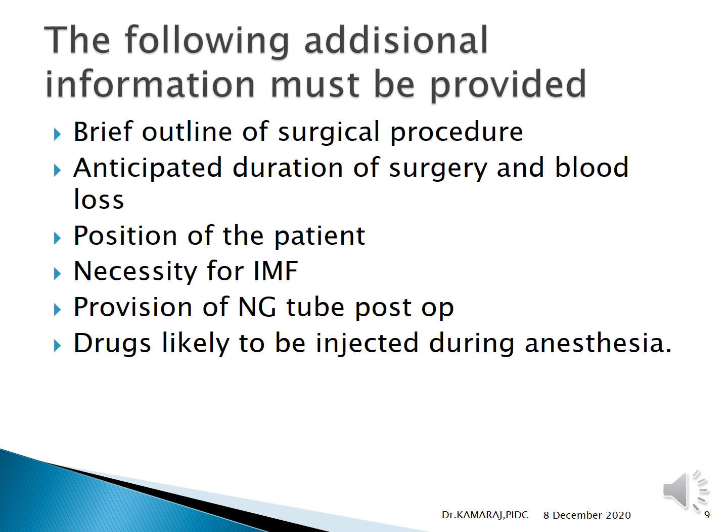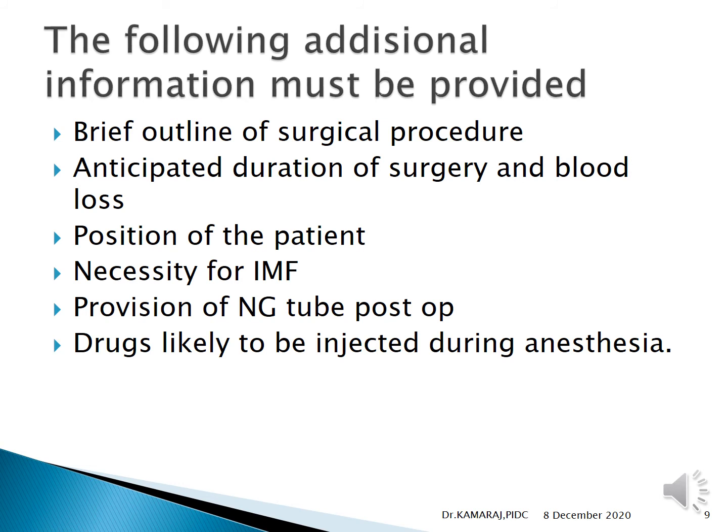Apart from the previous things, the following additional information has to be provided to the anesthetist for him to plan for the procedure before and after administering general anesthesia. You need to tell him a brief outline of the surgical procedure, what you are going to do. Here comes the anticipated blood loss, the duration, and so forth.